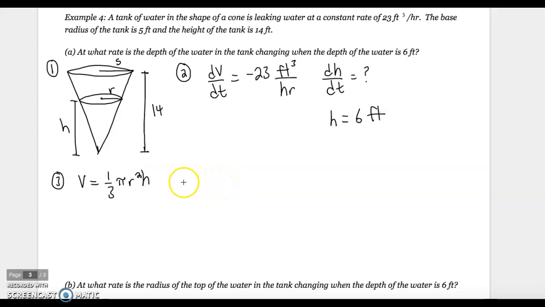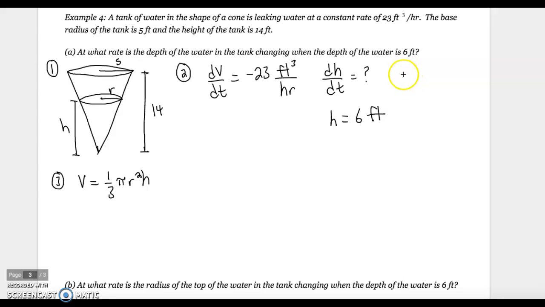Now, before we do that, this is a very typical thing that pops up in cone problems. We run into a bit of an issue because right now I have volume and I have height, which are the two things that I wanted to relate, but I also have this r in there, this radius, and I know 0 pieces of information about r. I don't know at what radius it's happening.